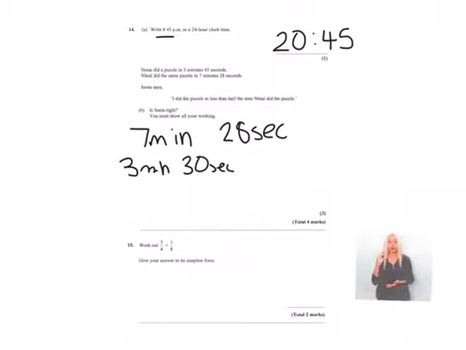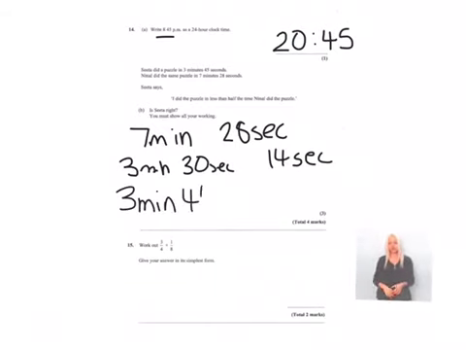Half of 28 is 14 seconds. And then add them all together, it makes 3 minutes and 44 seconds. Is she right? So Sita did it in 3 minutes 45, but half of Ninal's time is 3:44. So it's no, she's wrong.